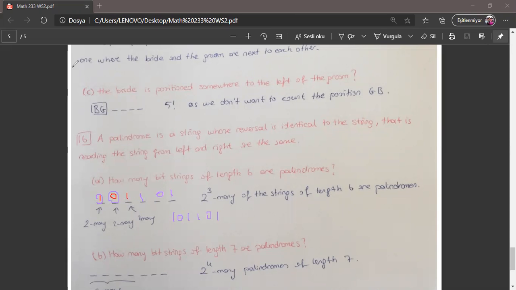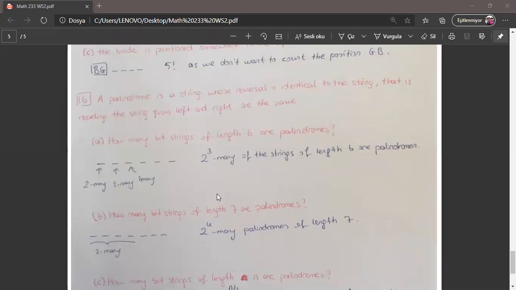For each digit there are two options. It can take 0 or 1. Again, it can take 0 or 1, and this will take 0 or 1. So we have 2 to the 3 such strings. What about if the length is 7?